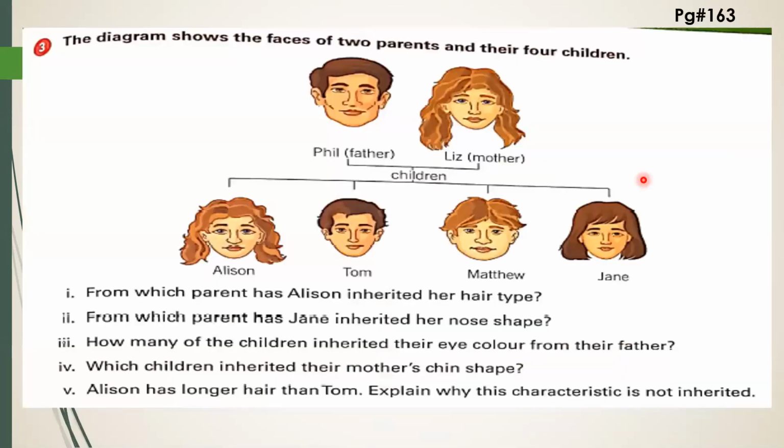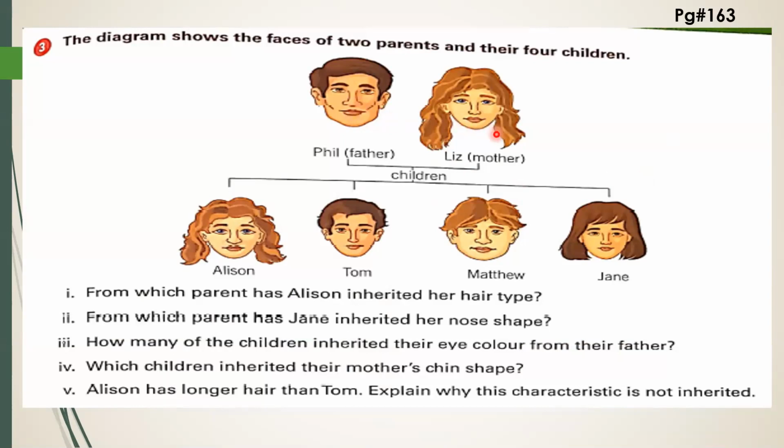This question is closely related to inherited traits. The diagram shows the father, the mother and their 4 children. This picture belongs to the father, and his name is Phil.